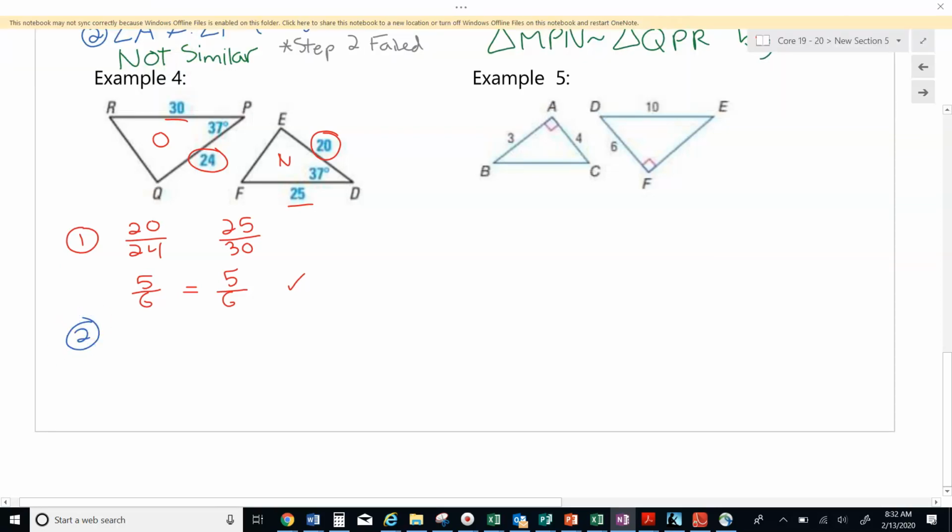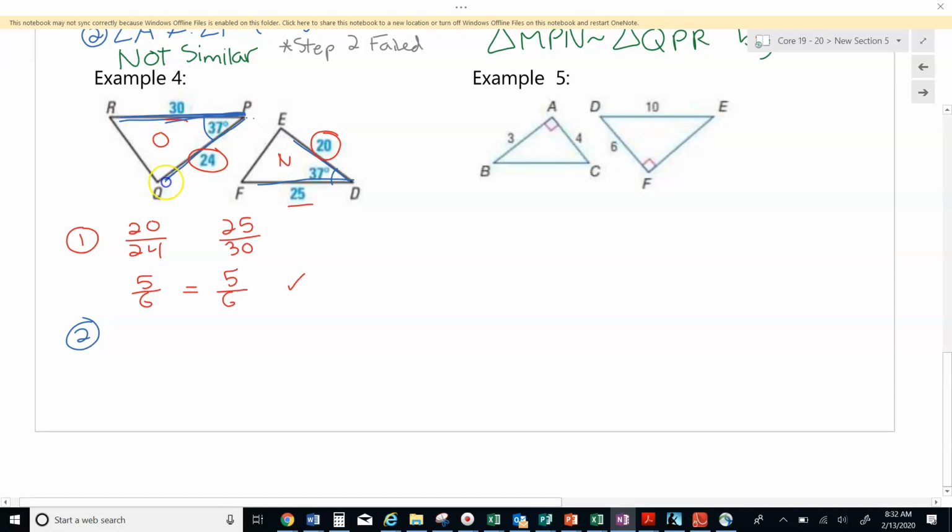Step 2, my one side, my other side, here's the angle between them. My one side, my other side, here's the angle between them. Okay, so I have to look where the 2 sides meet, right?